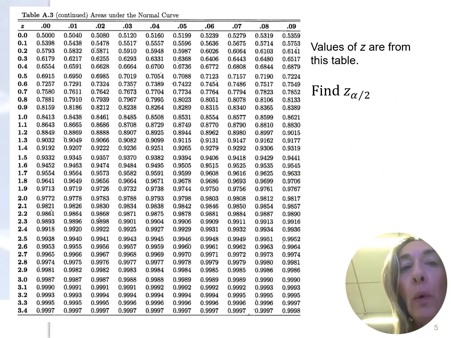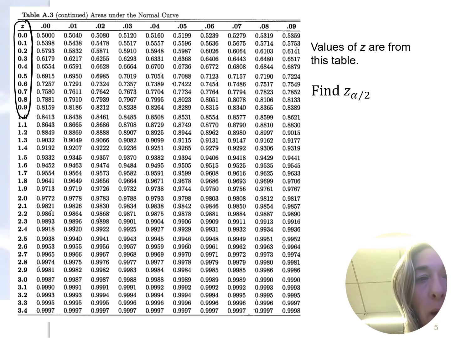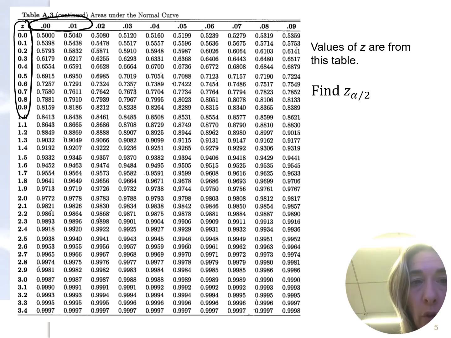Okay, so this is a review of the areas under the standard normal curve, which are found in the back of the book. These are values of z. z is formed by the combination of the row headings and the column headings, and in the center of the table are areas or probabilities under the normal curve.